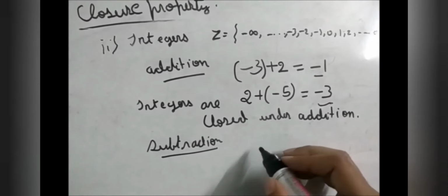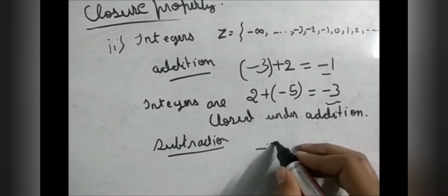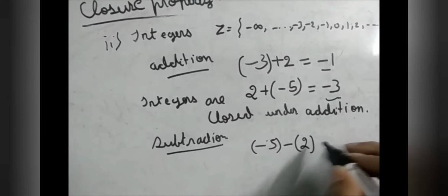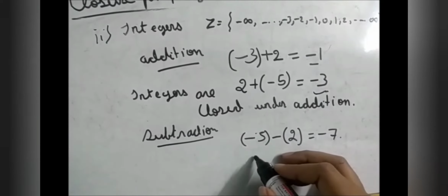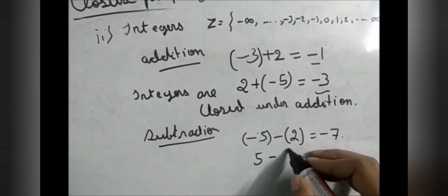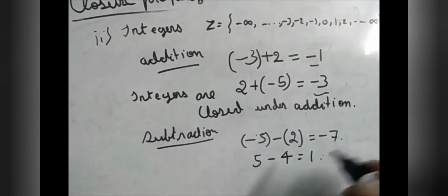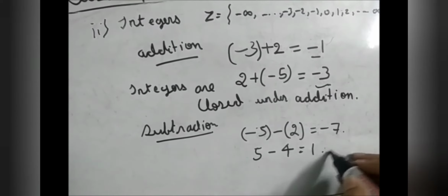Now if we take subtraction, we can take any element from the set. Let me consider minus 5 minus 2, which is equal to minus 7, and 5 minus 4, which is equal to 1. Any elements can be subtracted and we get elements which are present in the set of integers.